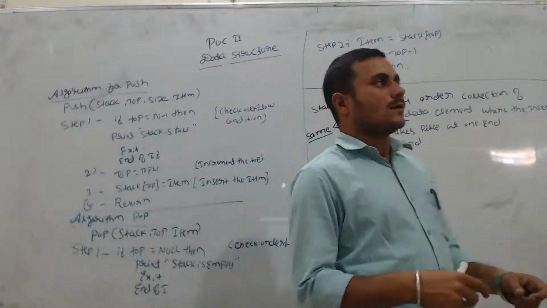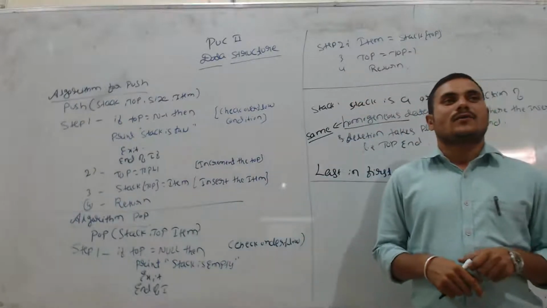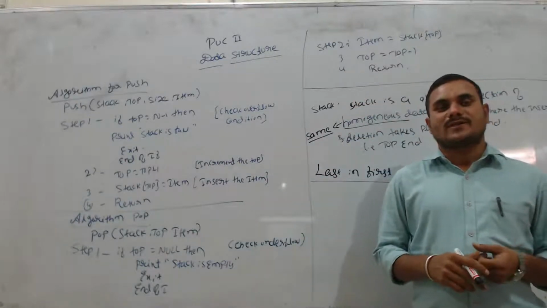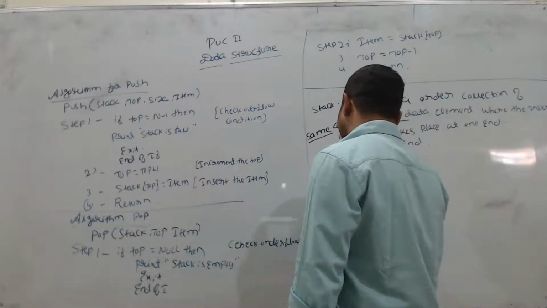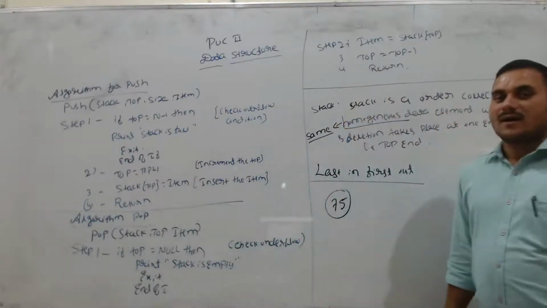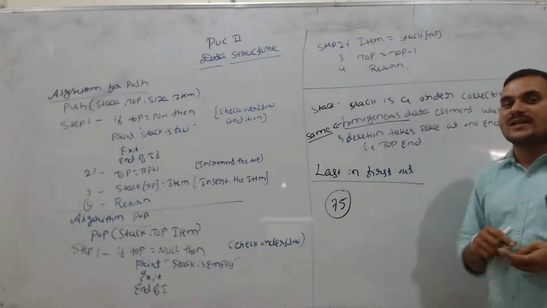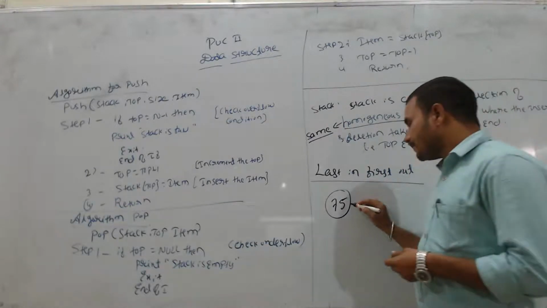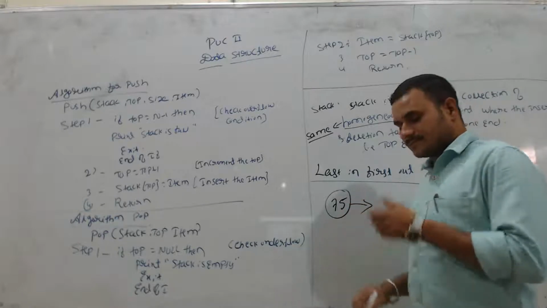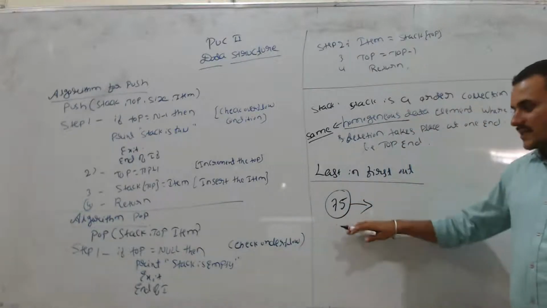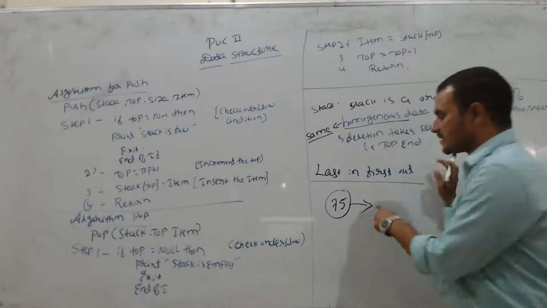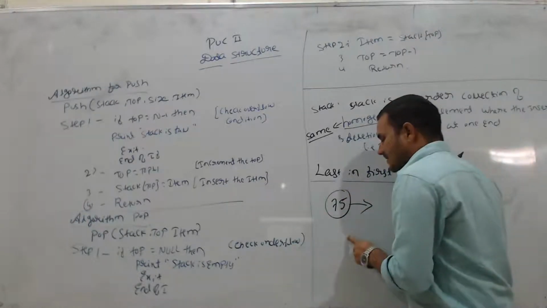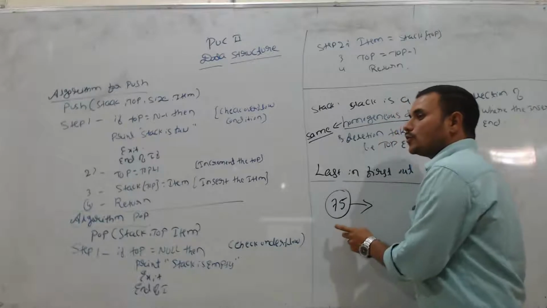For example, what does last in, first out mean? In your train, you have a confirmed reservation ticket. Your seat number is 75, at the last end. After the train reaches its destination, you will be first out. Because your seat number is 75, you are last in, which means you are nearest to the door side.